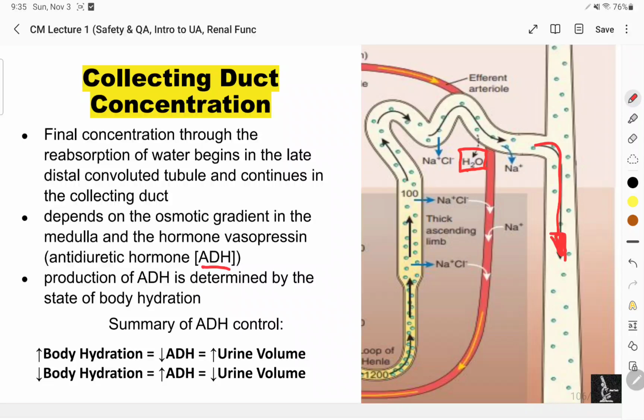So dili niya ma-concentrate, maglisod og concentrate ang collecting ducts sa urine nga iyang ipagawas. Kaya nga naman, if for example si water mugawas gihapon siya diri sa ascending loop of Henle ug diri sa imong DCT mugawas gihapon siya. So grabe na kay ka-diluted diri. Okay?